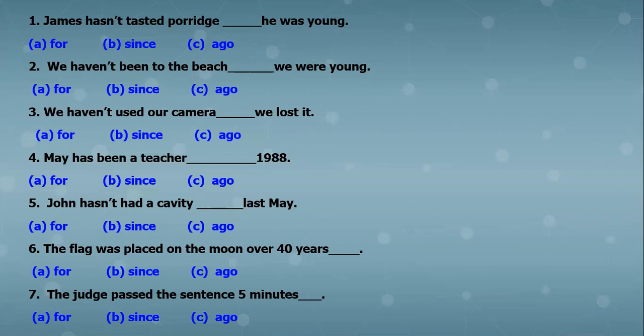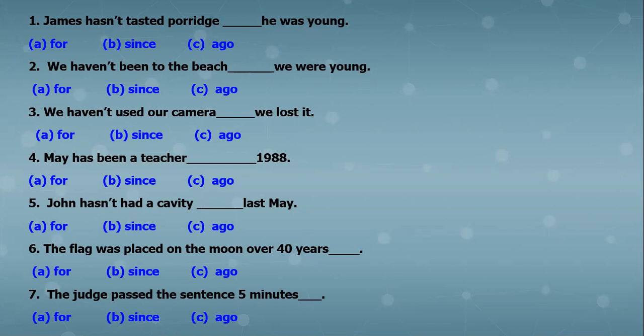So 40 years ago, this action took place. The judge passed the sentence 5 minutes ago. The judge here is the person who works in court who determines whether a person is guilty or innocent. So when the judge decides whether this person is guilty or not, he passes the sentence. So the judge passed the sentence 5 minutes ago.